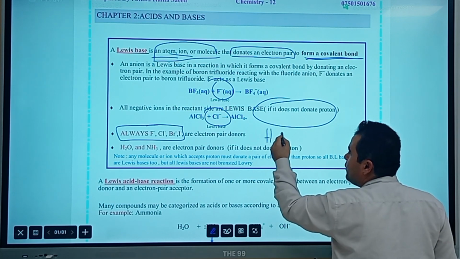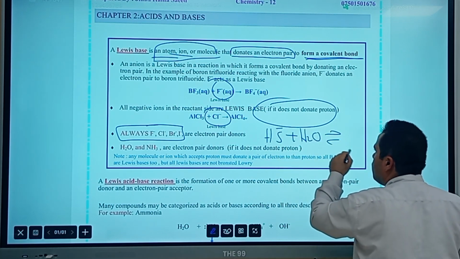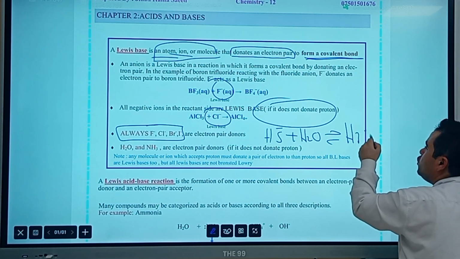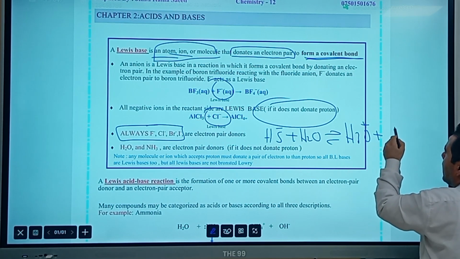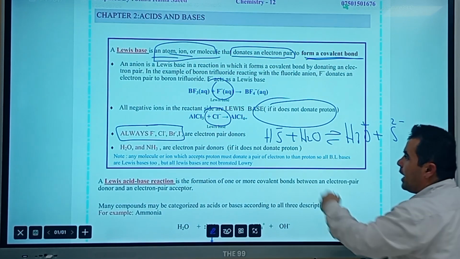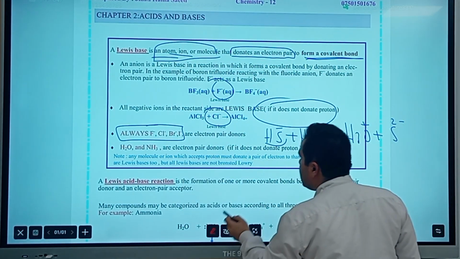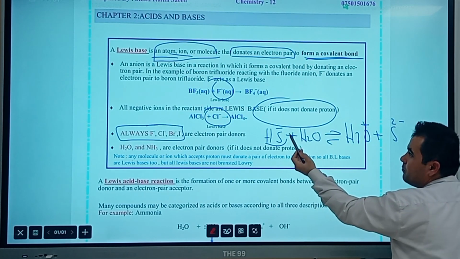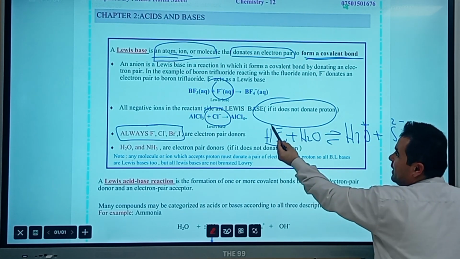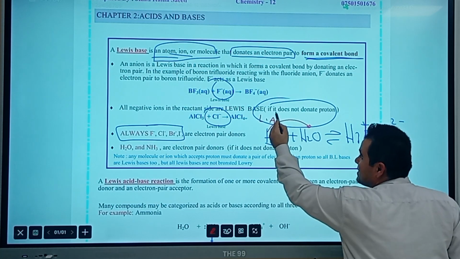But have a look at the other example. HS negative plus H2O will produce hydronium plus S2 negative. In this case, guys, HS negative is donating a proton. So when it donates a proton, it cannot be a Lewis acid.